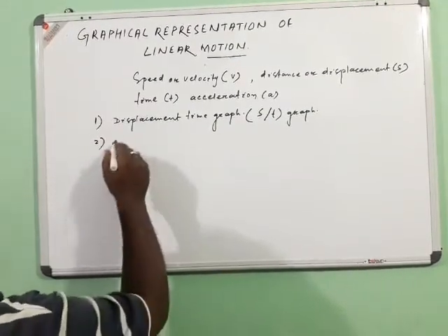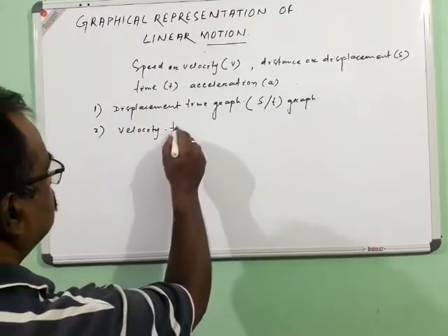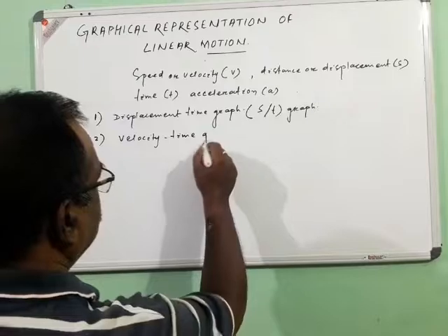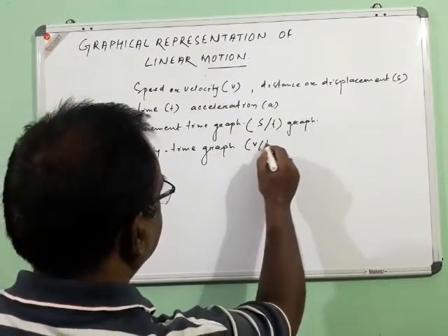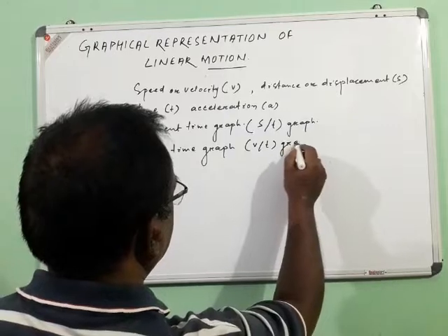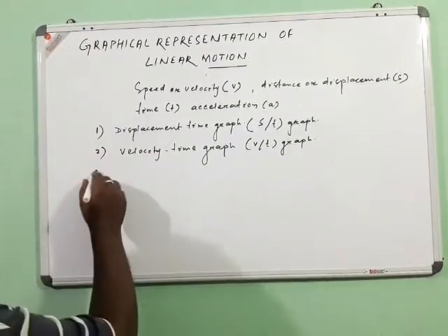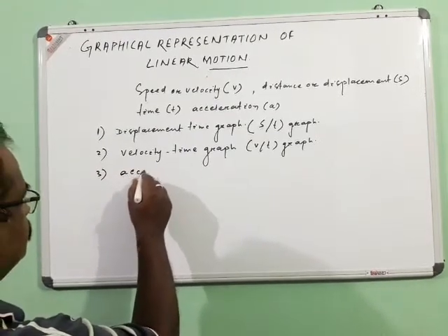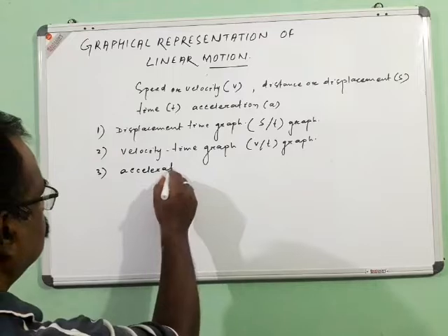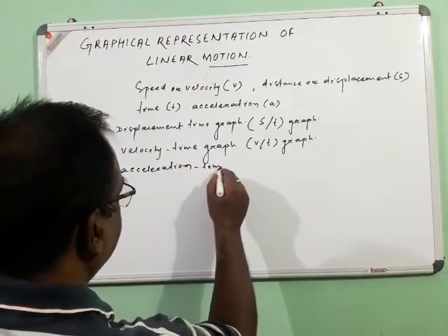Second one, that is the velocity time graph, or V versus T graph. And the third one, that is the acceleration time graph.